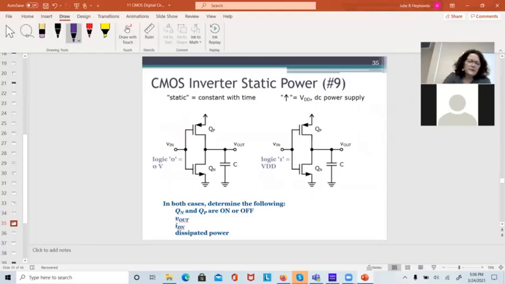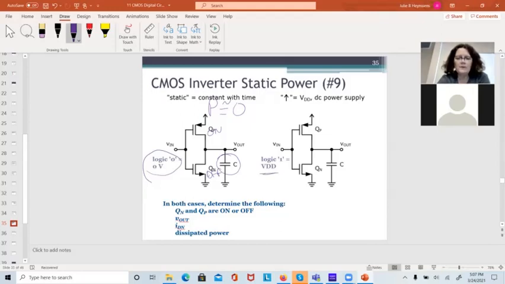So basically, if I'm sitting here and it's always 0, this transistor is going to be off. This one's going to be on. This is such a high resistance, and then all I'm doing is sitting here storing this charge across here. Pretty much my P is going to approximately equal 0.